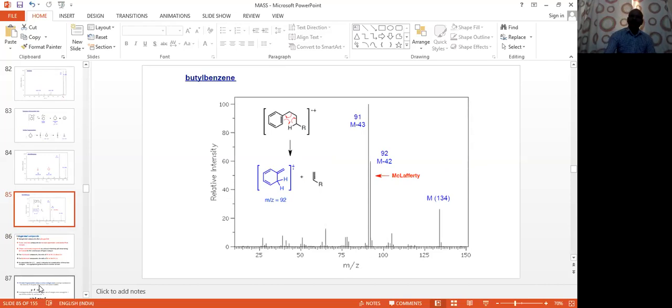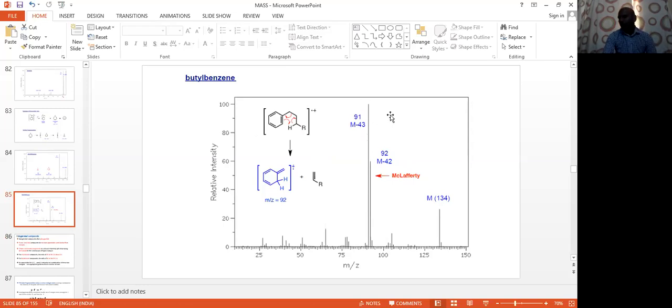For butyl benzene, the molecular ion peak appears at 134, and then there is a McLafferty peak at M by Z value 42, and 92, and here there is a tropylium ion.